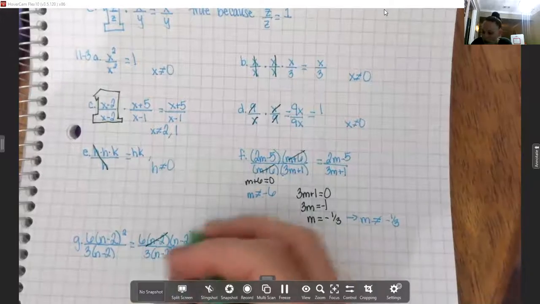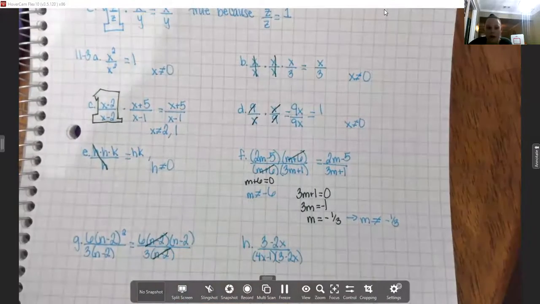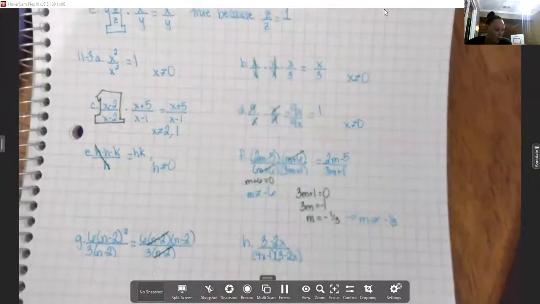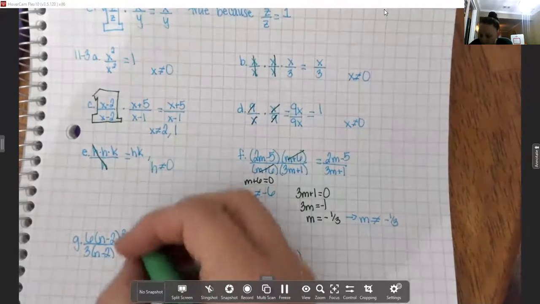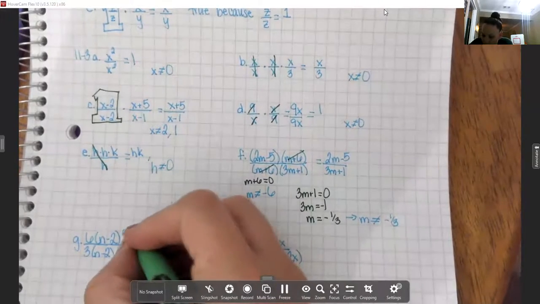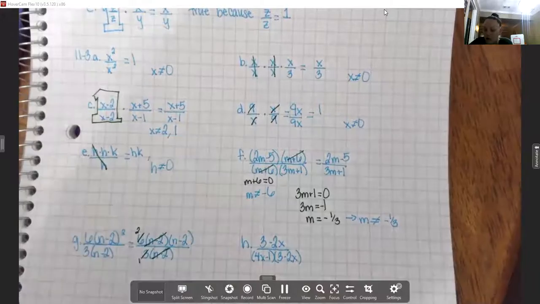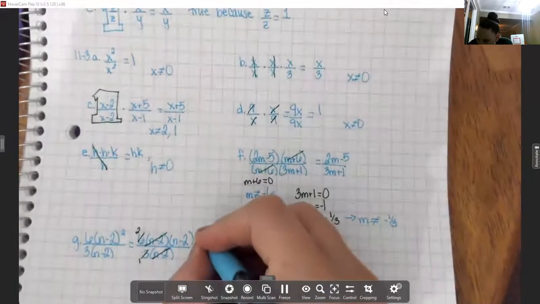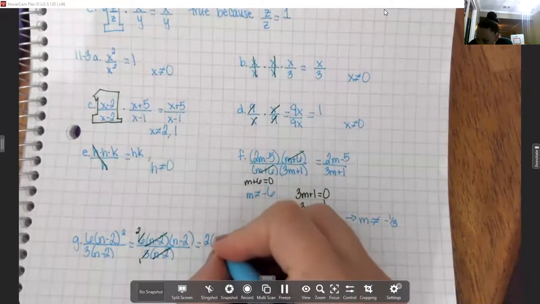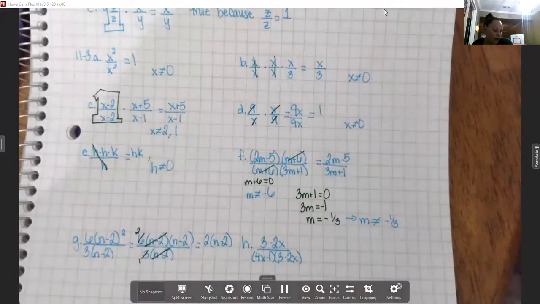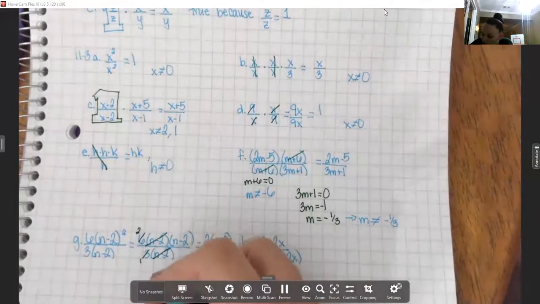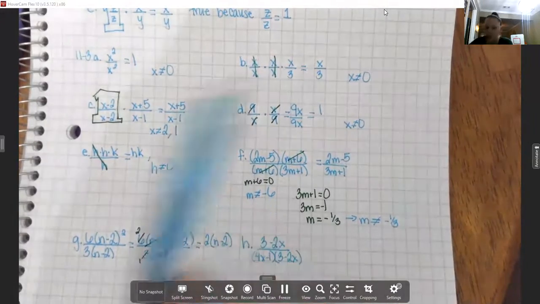So n minus 2 in our numerator and in our denominator go away. We know that 6 is divisible by 3, so the 3 can become a 1 and the 6 can become a 2. So we end up with 2 times n minus 2. Our denominator is just 1, so we don't need to write our denominator. And this is as long as n doesn't equal 2.